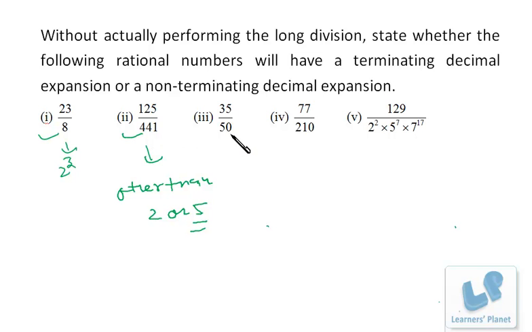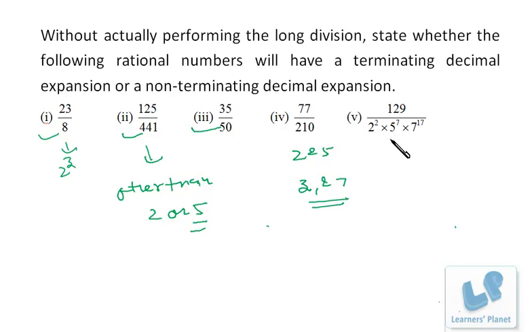Here 50, the prime factors contain only 2 and 5, so definitely it will be a terminating decimal. Here, apart from 2 and 5, the factors are 3 and 7 as well. So it will be a non-terminating expansion, right?